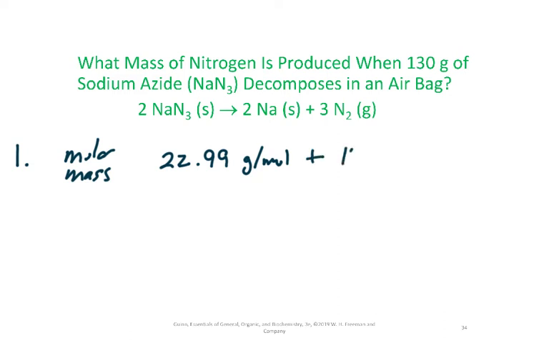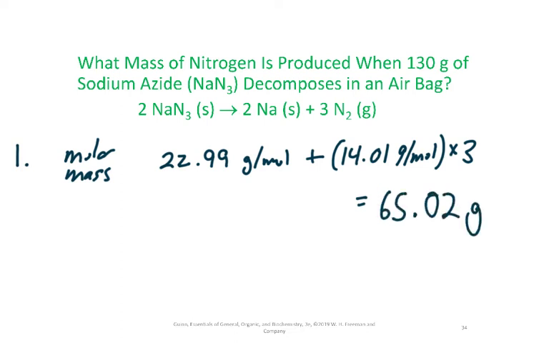Nitrogen is 14.01 grams per mole, and we have 3 nitrogen atoms in this molecule, and so that would give us a total molar mass of 62.05 grams per mole.